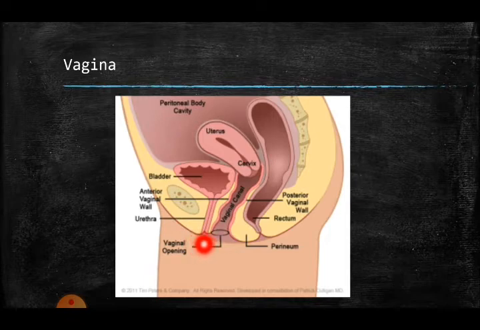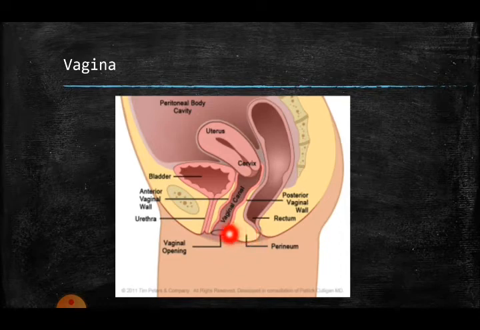We saw the urethral opening in the vestibule. Behind the bladder, this is the uterus, this is the cervix, that is part of the uterus, this is the vaginal canal, and this is the external vaginal orifice that also opens within the vestibule.